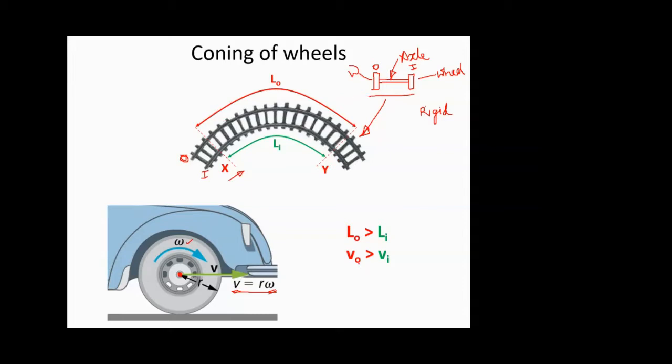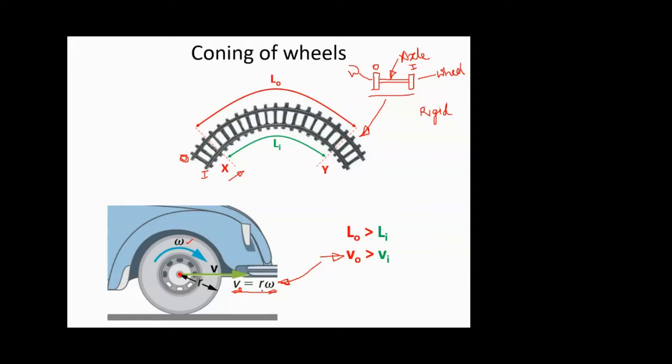Now, if you want the outer wheel to have more linear velocity than the inner wheel, then just go back to this concept of v equal to r omega, which we just discussed. This v naught is nothing but the linear velocity of the outer wheel.